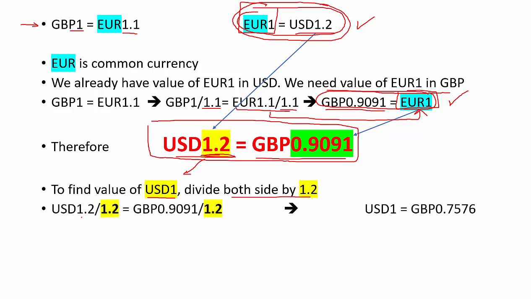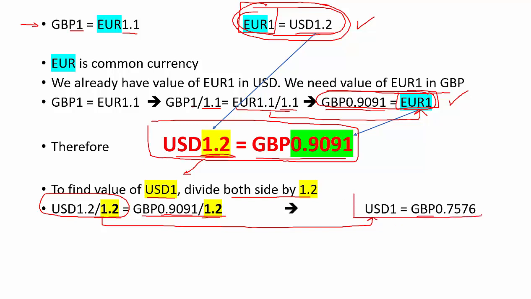So let's look at the math. Divide by 1.2, 0.9091 divided by 1.2. The left hand side here turns into $1 US. The right hand side, you do the math and it turned into 0.7576 pound. It means the cross rate between dollar and pound is $1 equals 0.7576 pound.